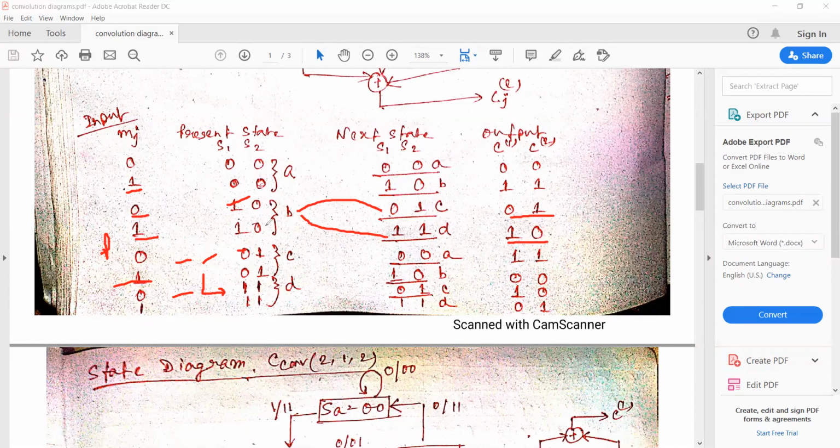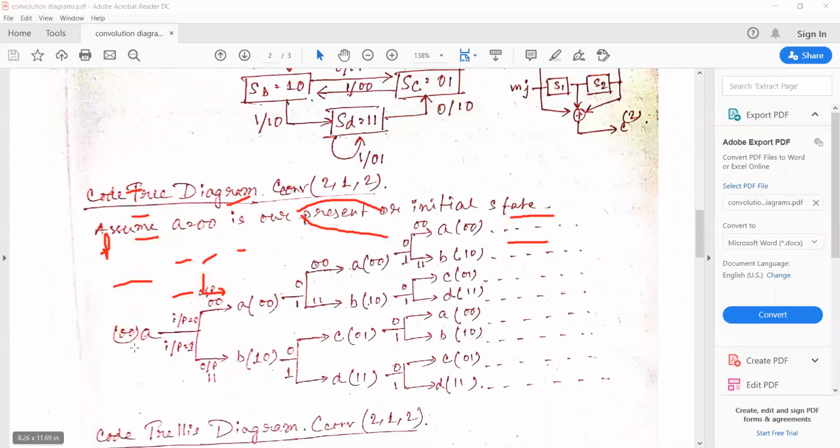So if you have assumed B as your initial state, then instead of A there will be B, and from B, the upper arrow is used for input 0 and the down arrow is used for input 1, and the corresponding output will be written above the arrows. So this is B, and what is B?